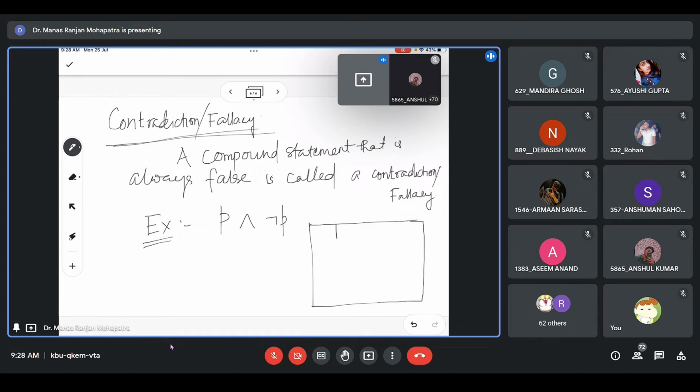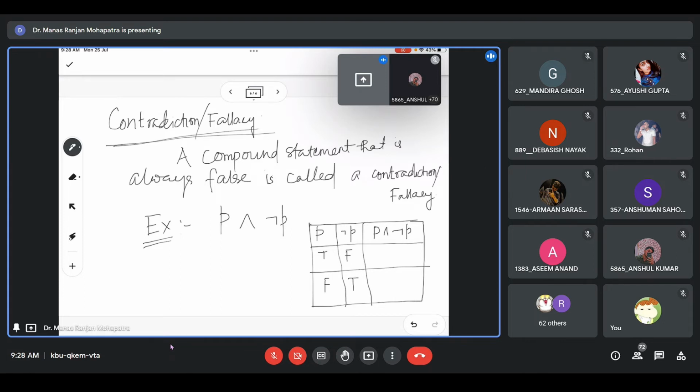Here I am taking P, negation of P, and the last one, P conjunction negation of P. Now for P, I have two choices, true, false. The negation of P will be false, true.